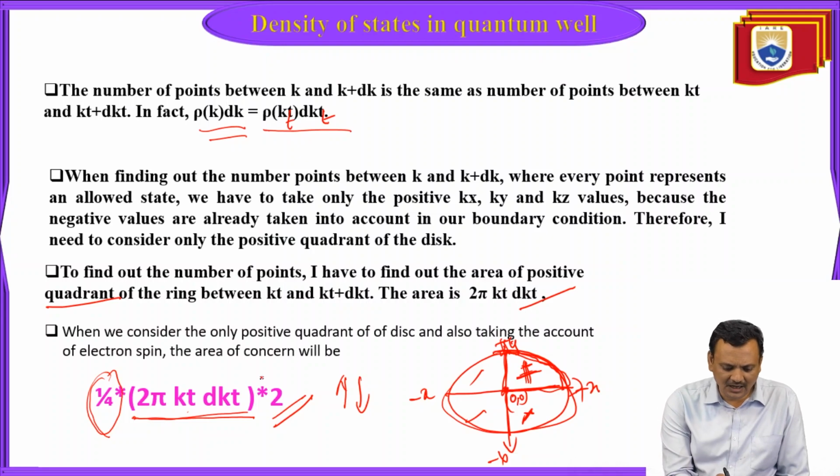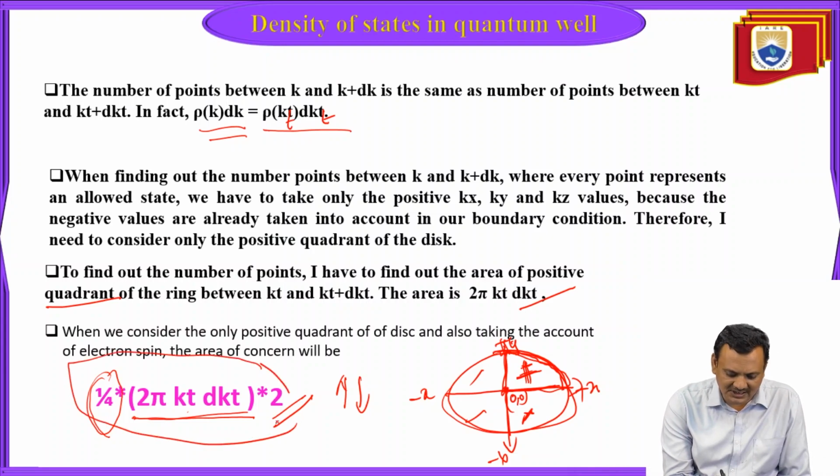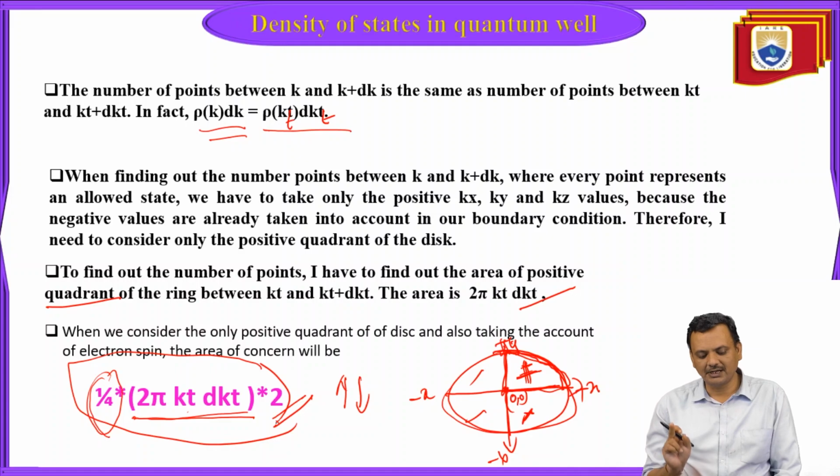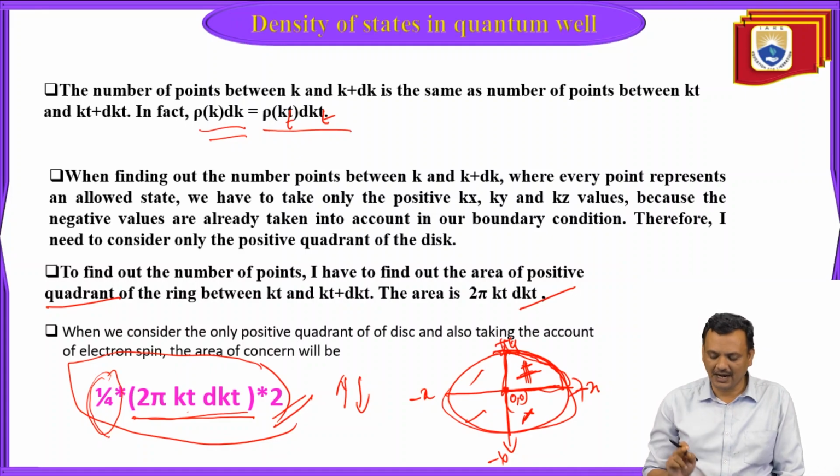So this is the case. Now your available area is 1/4 multiplied by 2 pi kt dkt, multiplied by 2.